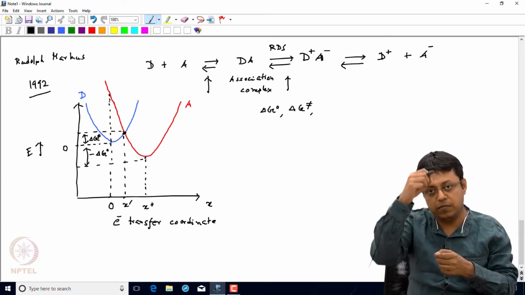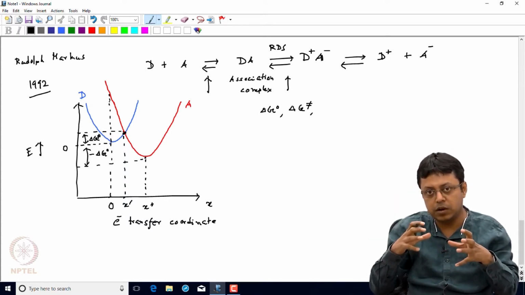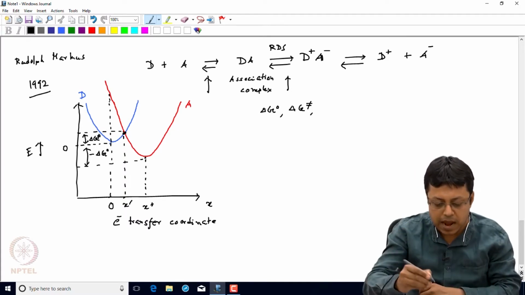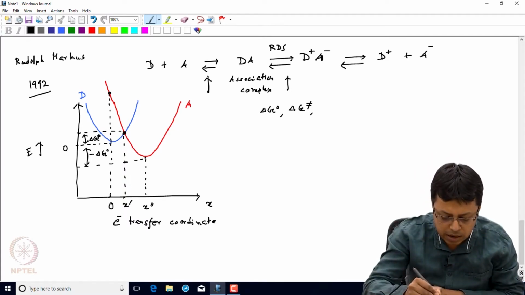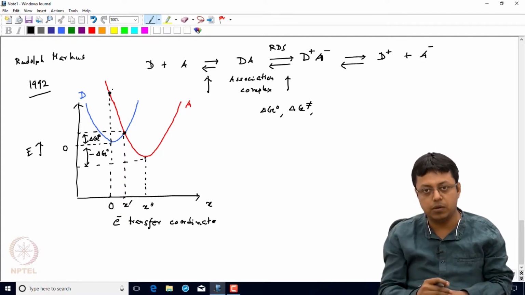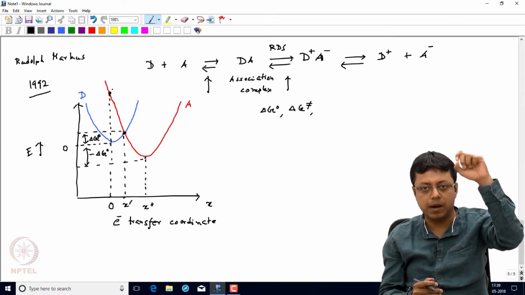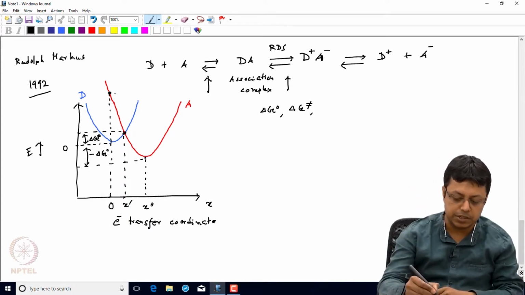So if I move it vertically, which means I'm thinking that the solvents are not reorganizing, then at this energy, when I draw a vertical line from the donor minimum to a point where it just crosses the acceptor parabola, that point is some energy with respect to the donor.